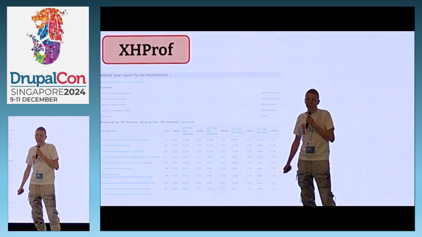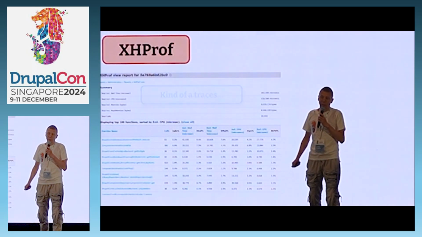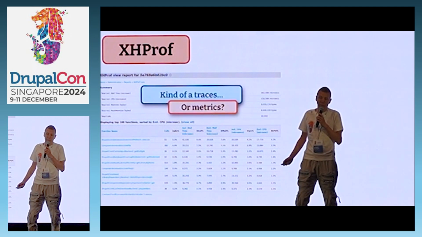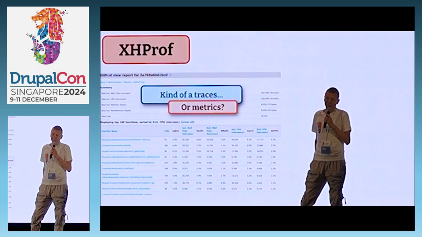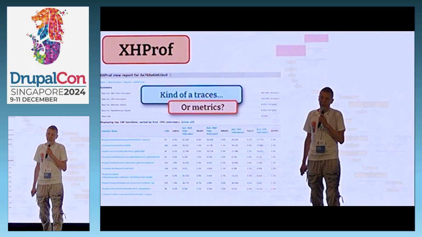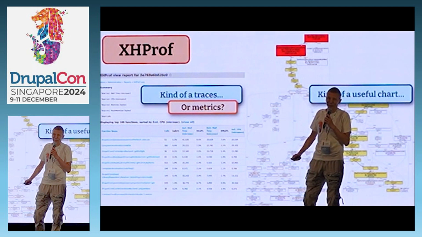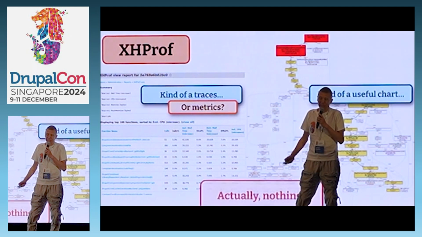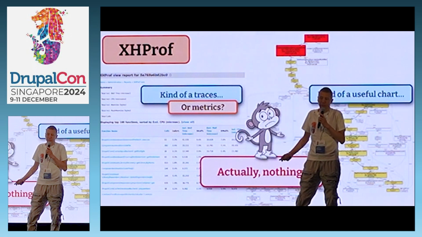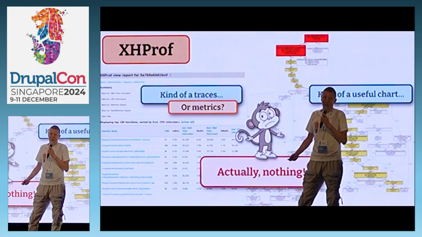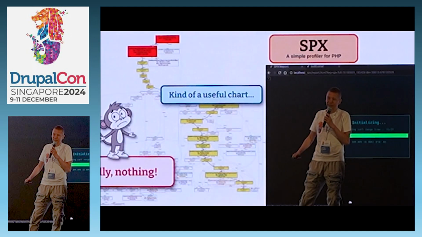And xhprof can provide some kind of traces or metrics, I don't know, because we can see a lot of numbers there, or we can render some kind of chart that can be useful, maybe. But actually we got nothing. This can't help us resolve this problem with observability, right?